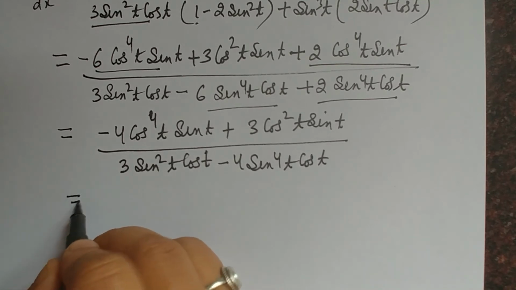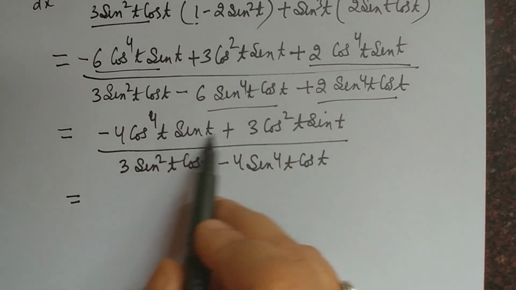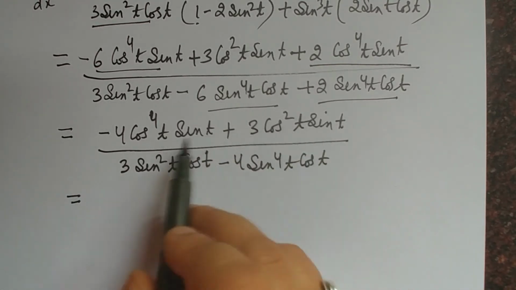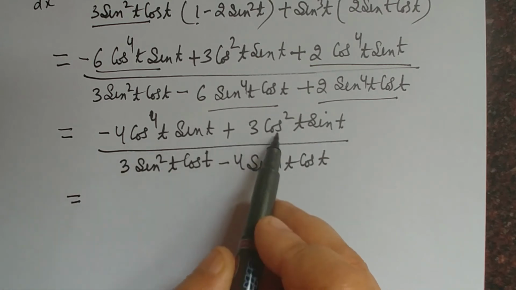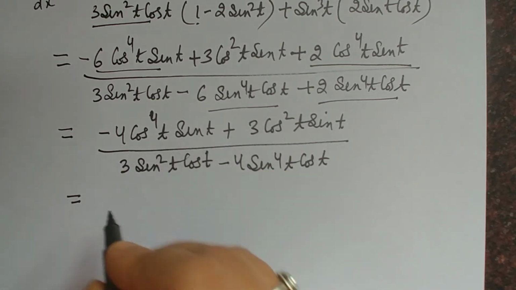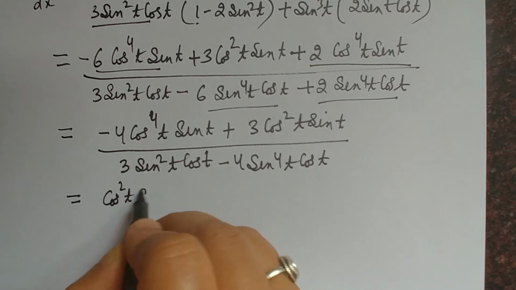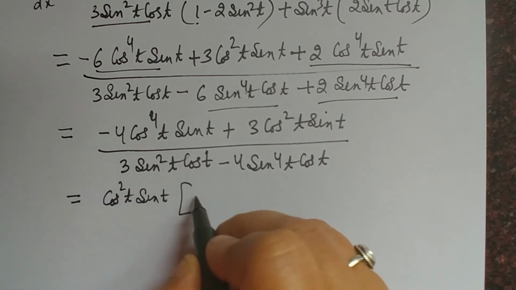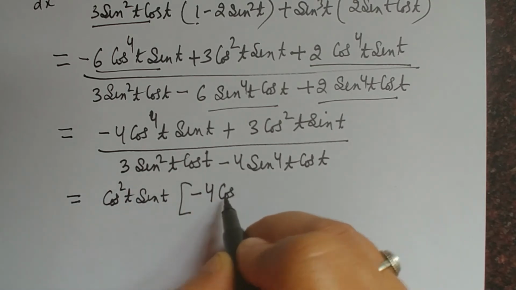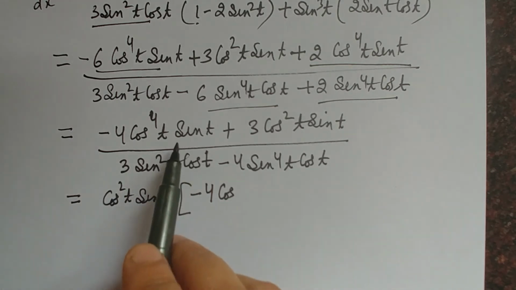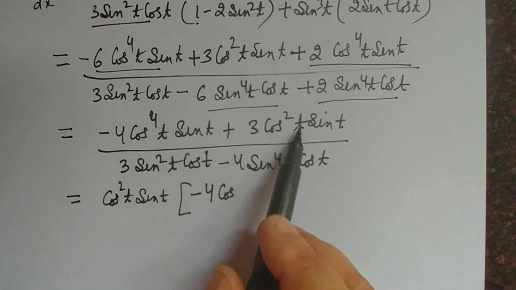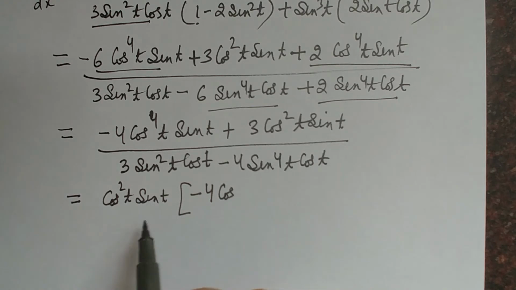So this is equal to, from here see, the maximum powers I have to take common. See, cos square is with 2 terms and sin t with 2 terms. So I will take cos square t sin t common. So it is minus 4, I have to take cos square t and sin t common.